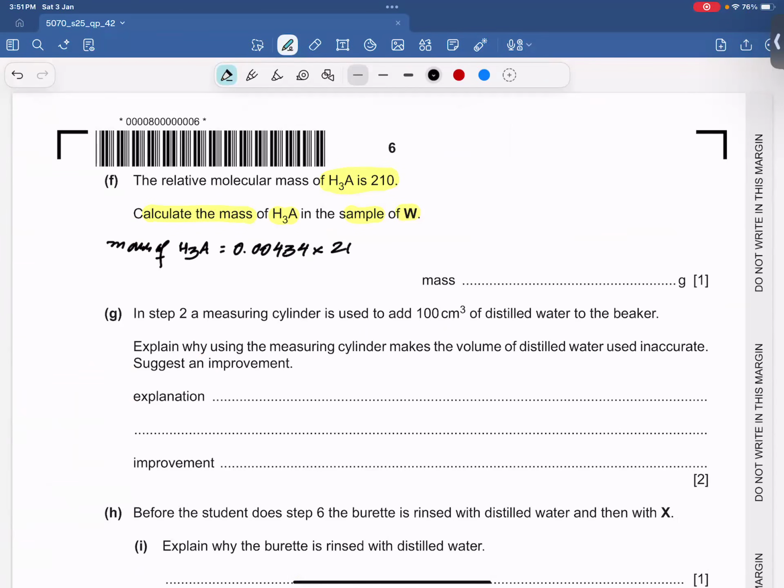And Mr is 210. So into 210 is going to be 0.9114. 0.9114 gram. So it's basically 0.91 gram. Okay. All right.